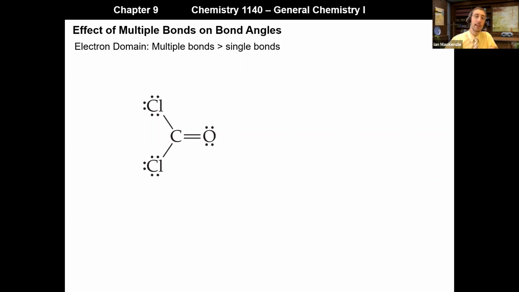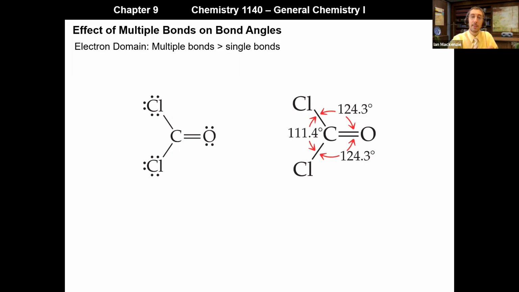So if we look at the carbon-oxygen double bond here, that occupies a larger region of space, and so it compresses not the bond angle between the carbon-oxygen double bond and another bond, but the angle between the adjacent bonds. So the CCl and CCl bond, that angle is compressed from being 120, which would be the normal trigonal planar bond angle, to being only 111.4.